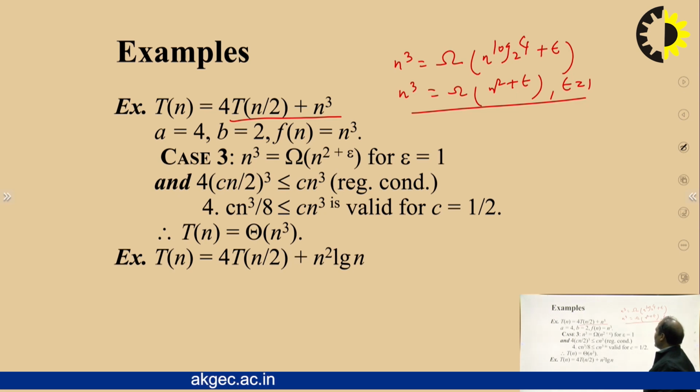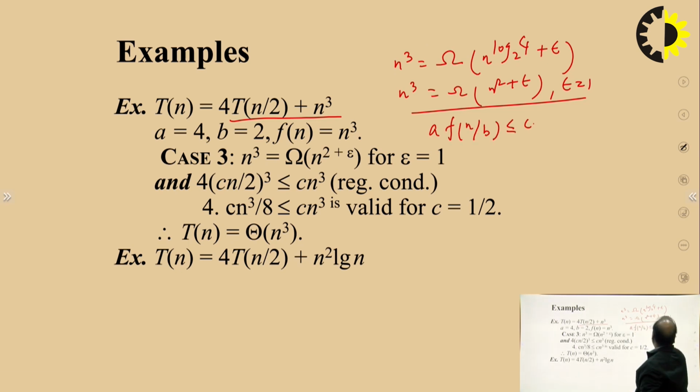But we are not sure that case 3 is actually applicable until we check the regularity condition. The regularity condition says that a f(n/b) must be less than or equal to c f(n). Here f(n) is n cube, a is 4 and b is 2.